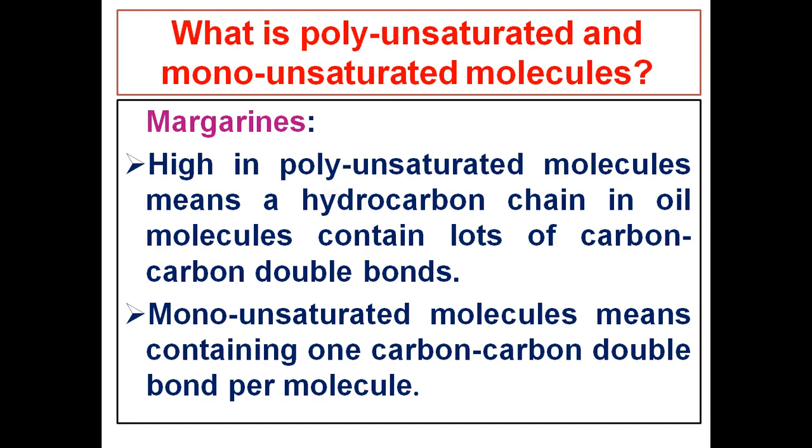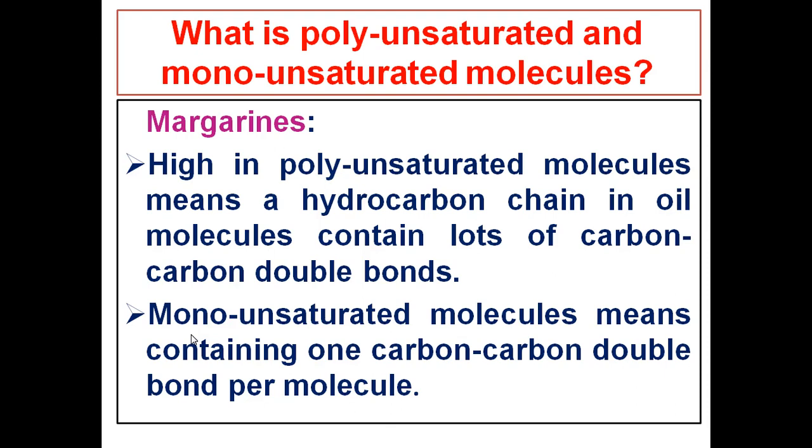Now the other one is mono. As you are well aware, mono means one. So monounsaturated molecules means containing one carbon-carbon double bond per molecule. Poly means many and mono means one. This we have already discussed in our previous lessons.